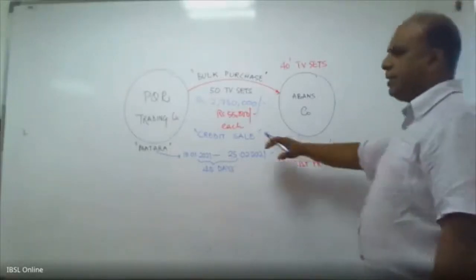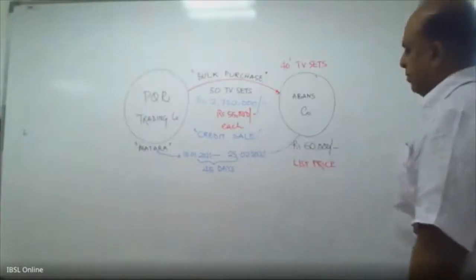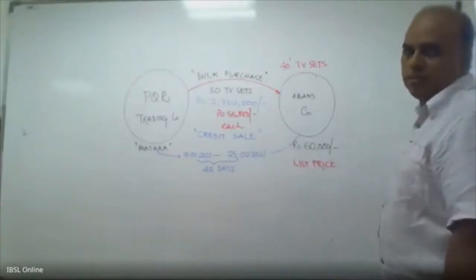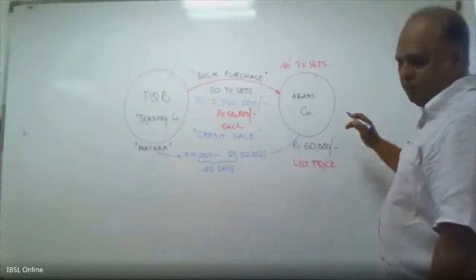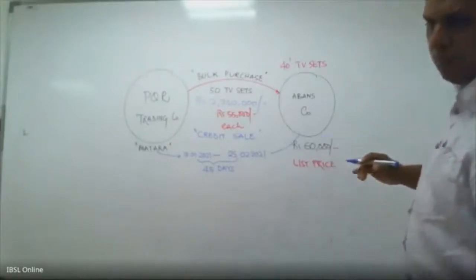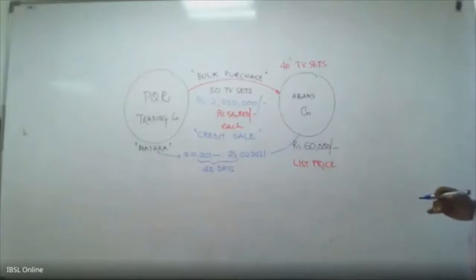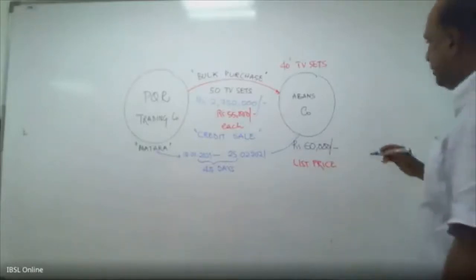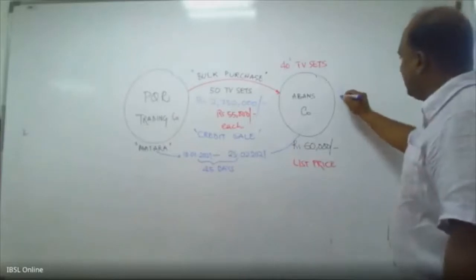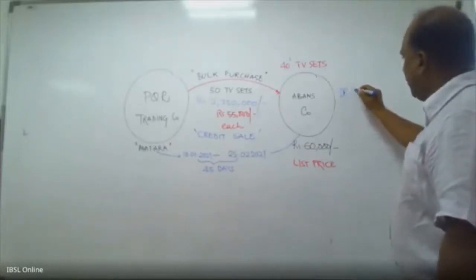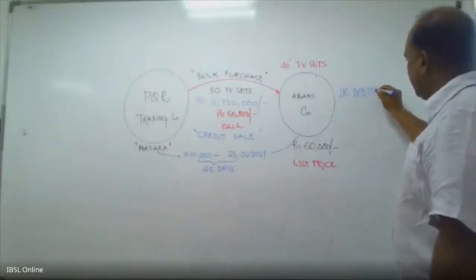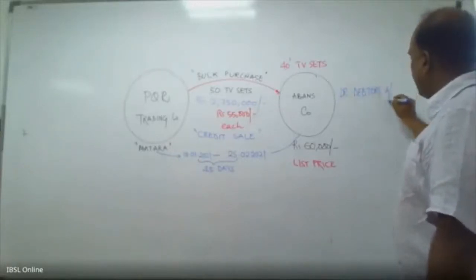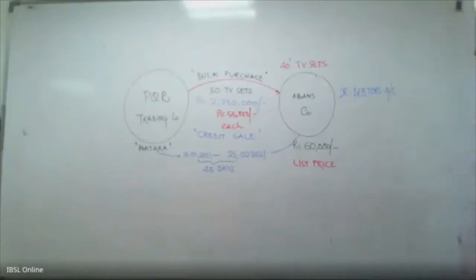Now this is a credit sale. Someone? Debit. We will debit debtors. I'm talking about in the books of Abans Company.